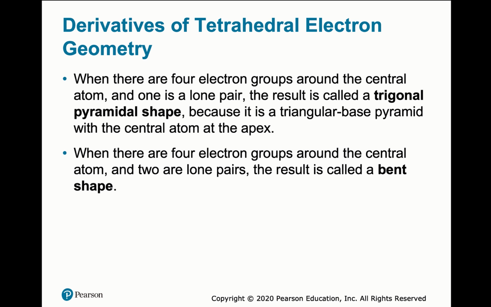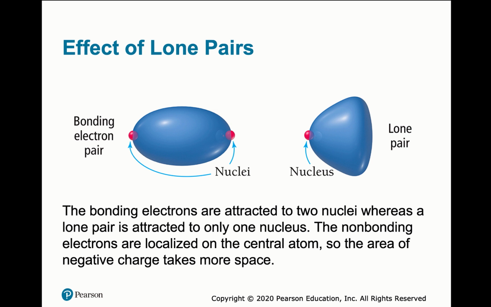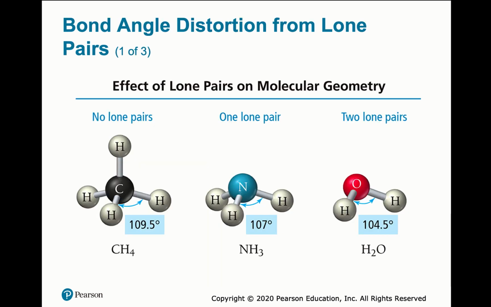And so in this bonding scheme where you have a lone pair, these are different. If there are two lone pairs for a tetrahedral electronic group, this is known as a bent shape. As mentioned before, lone pairs don't have a nucleus to draw in the electron density. So here are the tetrahedral groups, or the electronic groups.